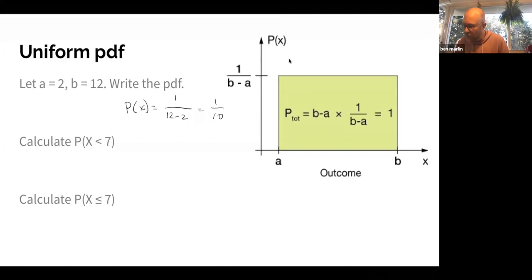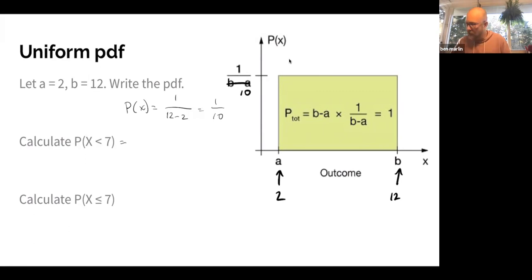Now here, when we're asked, let's calculate the probability that x is less than 7, that's going to be a little bit different than what we've been seeing on these others. So let me try to write in here that we're going to have the 2 here, and we're going to have the 12 there, and that here we're going to have 1/10 or 0.1, however you prefer to do it.